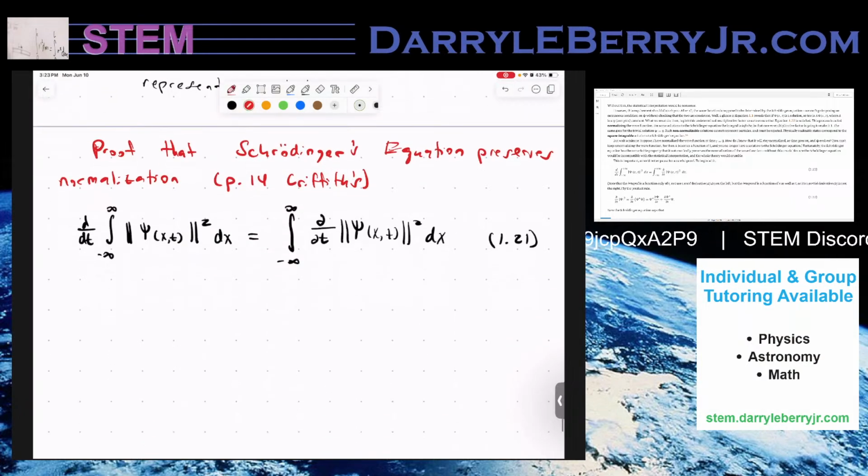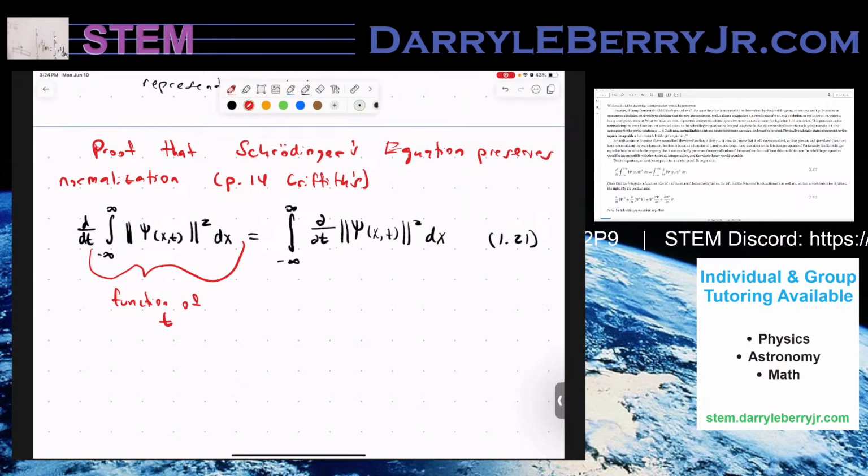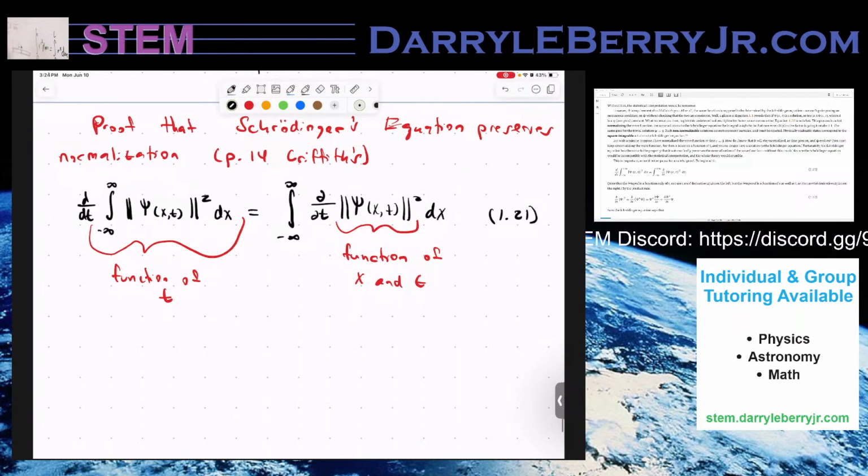So apparently this entire thing here, the integral itself, is a function of t, whereas this integrand here is a function of x and t, right? So we have, note that the integral is a function only of t. Okay, the product rule.